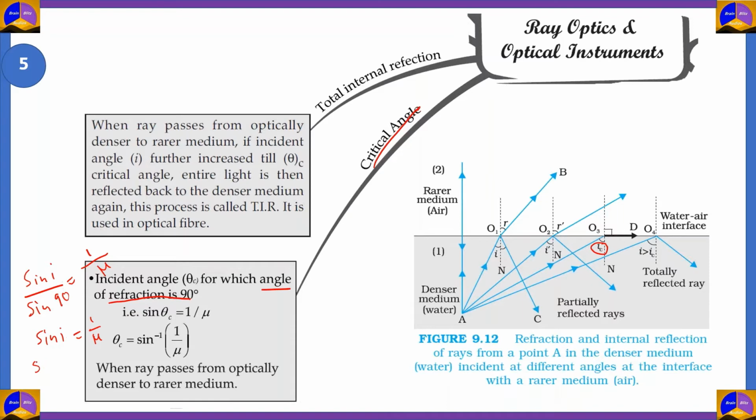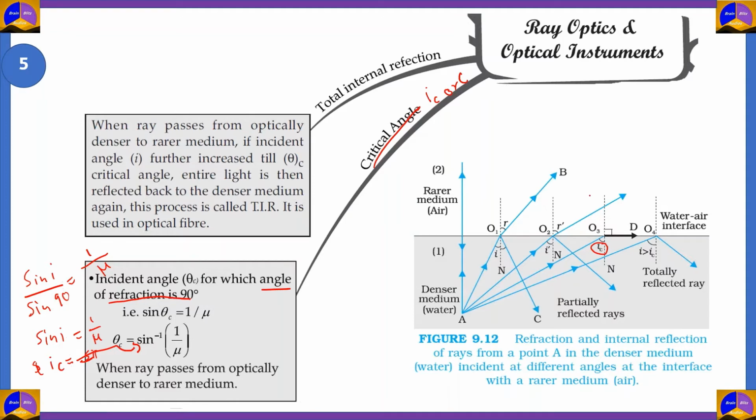And we can write the angle I as sine inverse of 1 by mu. Now, over here, you see that they're using theta c in order to represent it. You can also represent it using the symbols IC or just C in order to represent the critical angle.